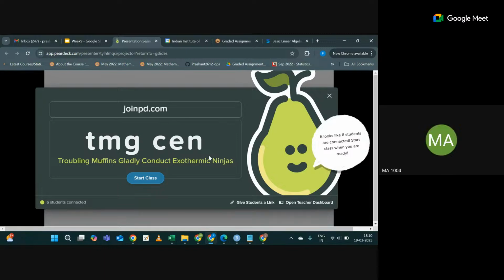Link of what? Just on the browser, just write joinpd.com. Just open your browser, either on your phone or system, whatever you have. It will ask you for a code. The code is TMGCEN. Got it?